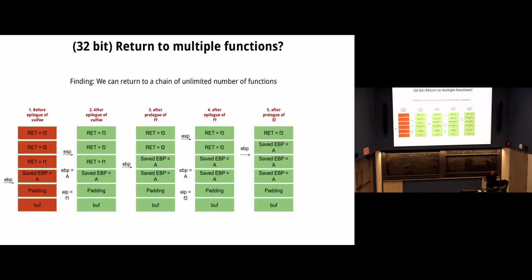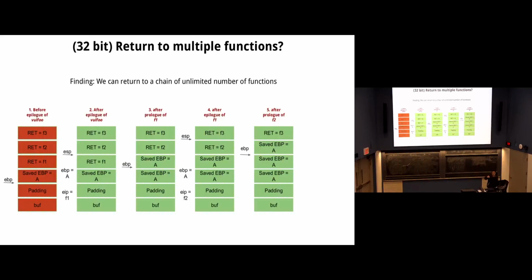Okay, so afterward, what is ROP, or what is return-oriented programming? Recall that when we do return to libc or return to any function in the address space, if the function we are returning to does not have any arguments, we can actually chain them together.